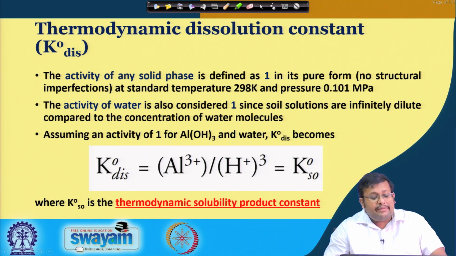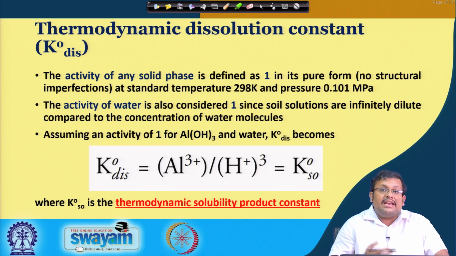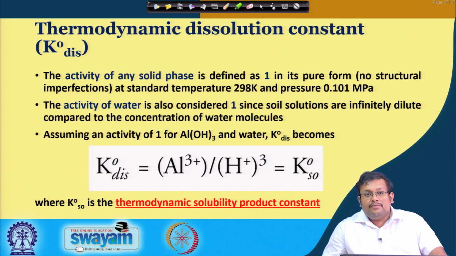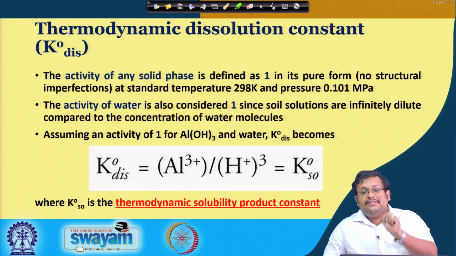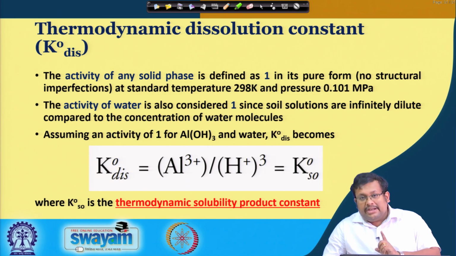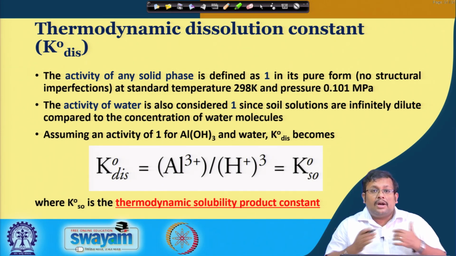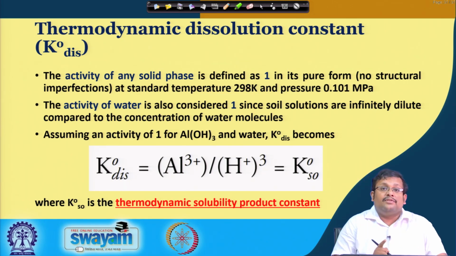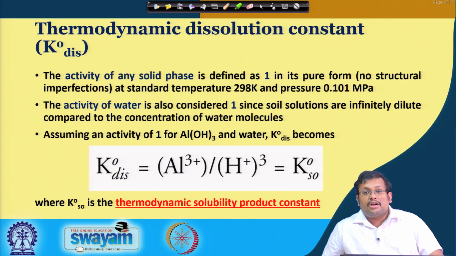Now, the activity of any solid phase is defined as 1 in its pure form when there are no structural imperfections, at a standard temperature of 298 Kelvin and pressure of 0.101 megapascal, and the activity of water is also considered 1 since soil solutions are indefinitely dilute compared to the concentration of water molecules.